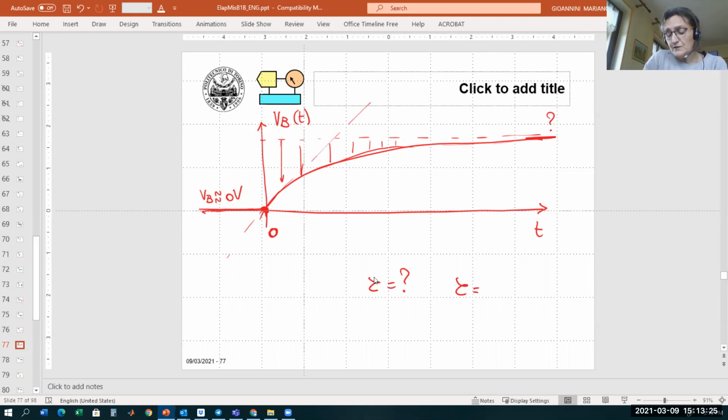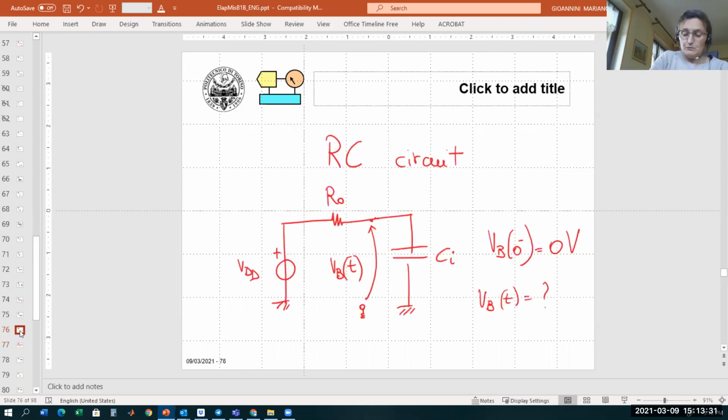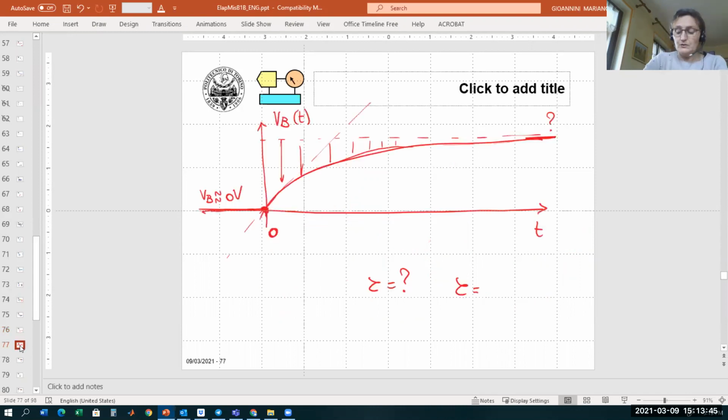The tau is equal, in our case, to the product of the capacitance times the resistance. The resistance is the equivalent output resistance of module A, and the capacitance is the input capacitance of module B. So the tau is RO times C input.